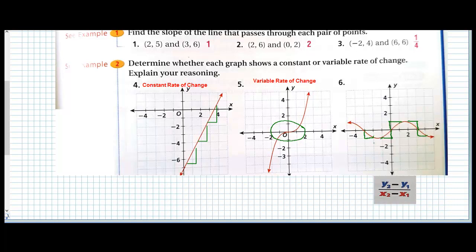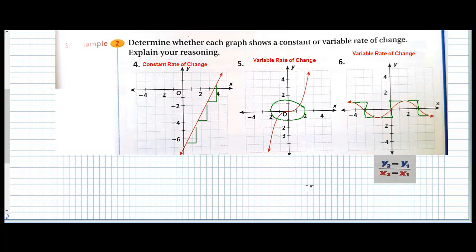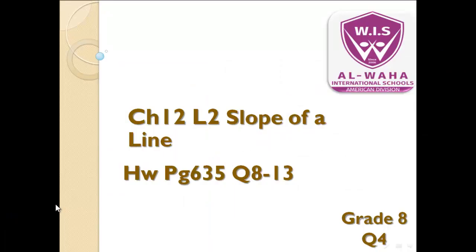So in each part of the line we have a different rate of change, a different slope. So this one will be a variable rate of change. Any line has a constant rate of change. If it's not a line and has a curved part, it's not constant, it will be a variable rate of change. At the end, your homework will be page 635 from question 8 to question 13.